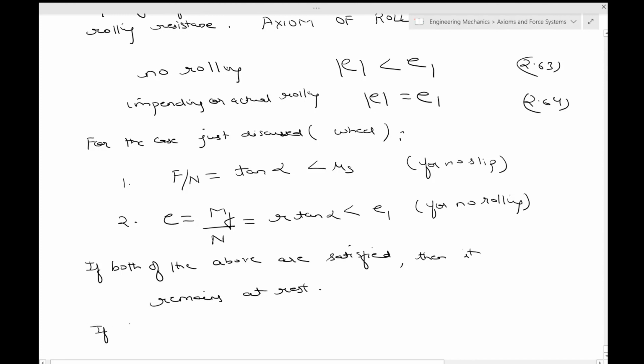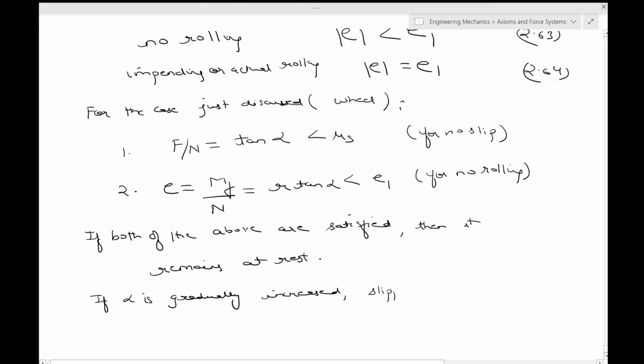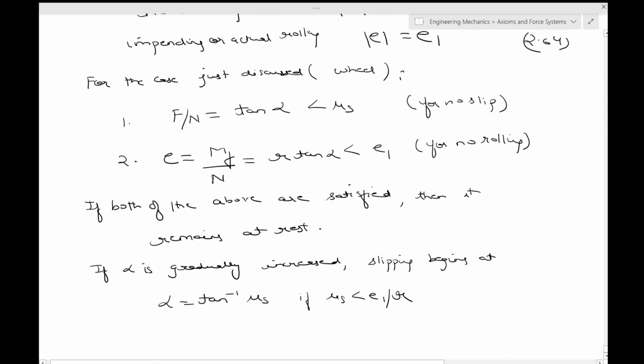Now if alpha is gradually increased, then slipping begins at alpha equal to tan inverse mu S, if mu S is smaller than E1 by R, and it starts to roll at alpha equal to tan inverse E1 by R, if E1 by R is smaller than mu S. Okay, you take this one, there you take this one.